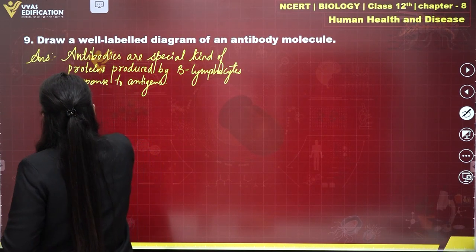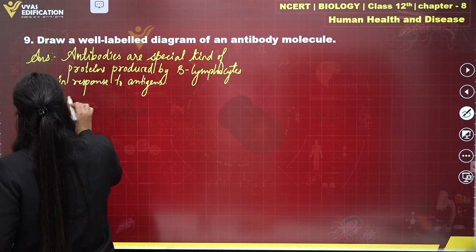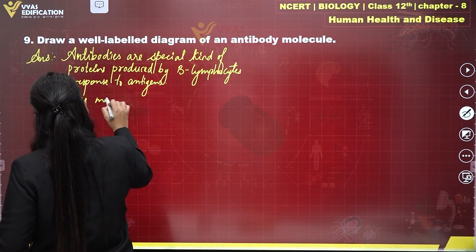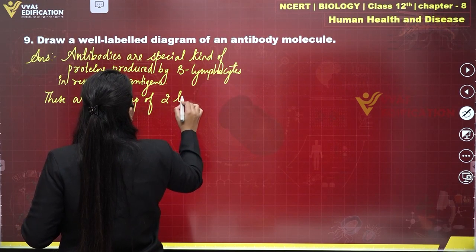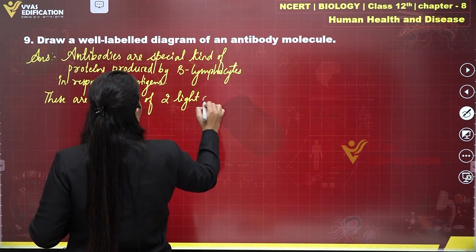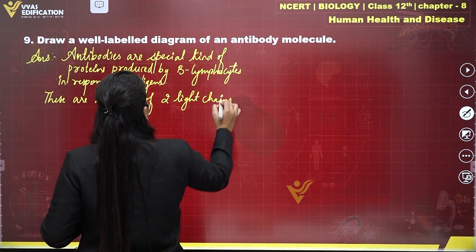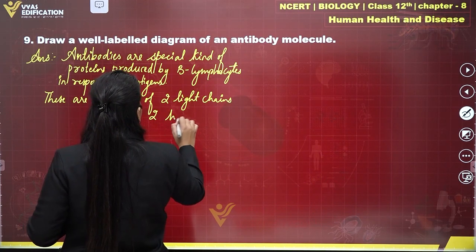These antibodies are made up of 2 light chains and 2 heavy chains.